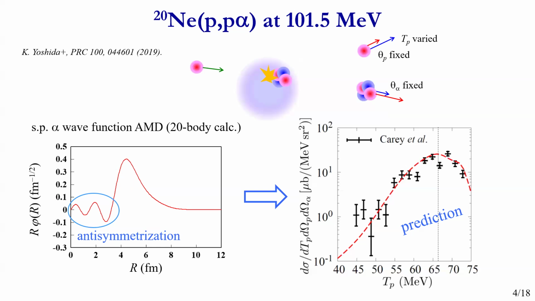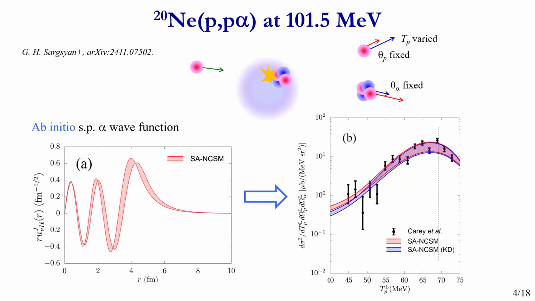So the nuclear interior is not important in this case. But I'm thinking whether we can determine the ANC by choosing the incident energy, for example. If we reduce the incident energy, maybe the cross section is governed by only the ANC. If that is the case, we can use this (p,pα) as a tool to determine the ANC. Okay, thank you.